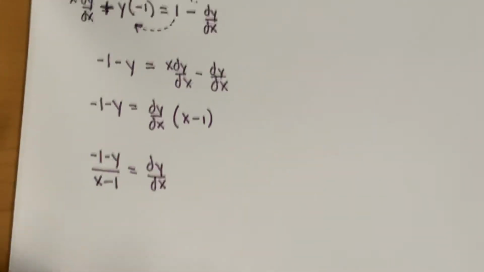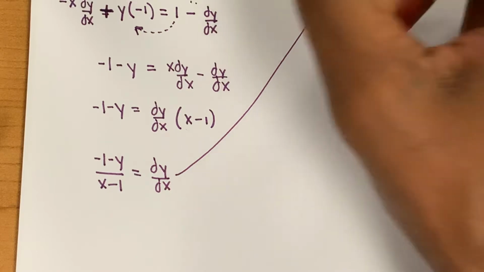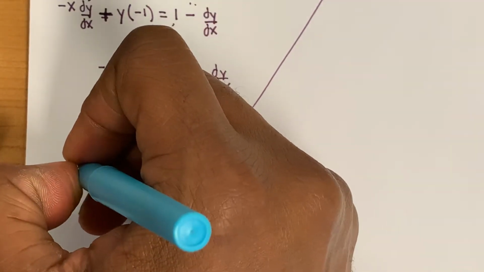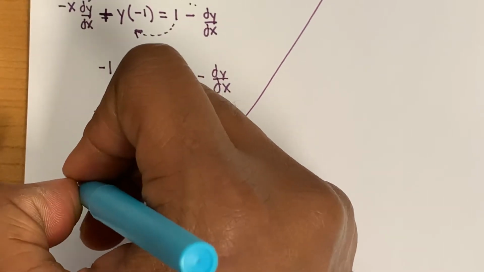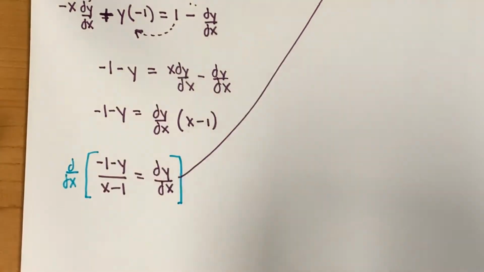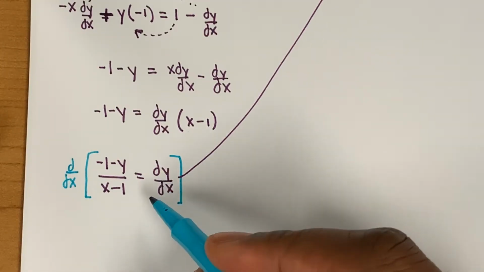So we're going to continue this second derivative up here. Now what we do is, when you're doing the second derivative, you still apply a derivative operator, but you already have the dy over dx isolated.